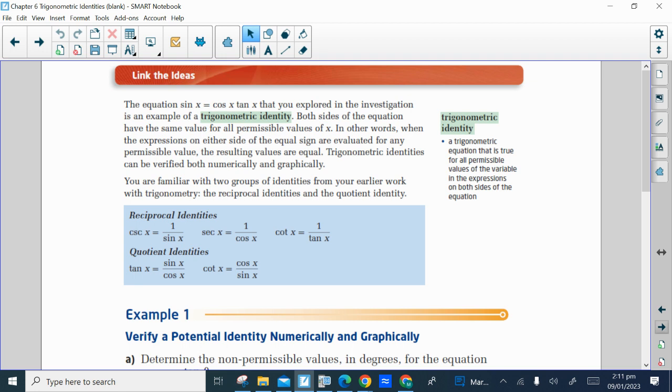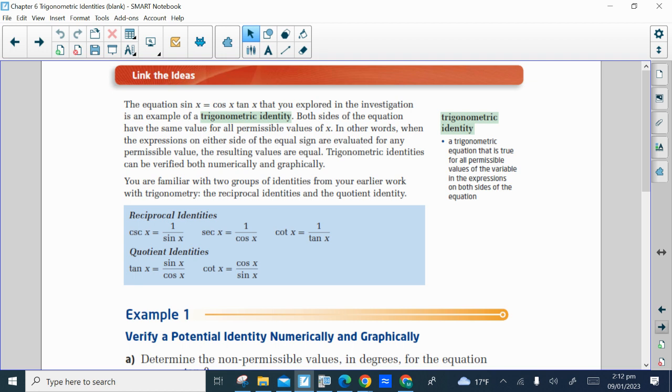So a trig identity is a relationship between two different trig expressions that are equal to each other. Both sides of the equation have the same value for all permissible values of x. In other words, when the expressions on either side of the equal sign are evaluated for any permissible value, the resulting values are equal. Trig identities can be verified both numerically and graphically.